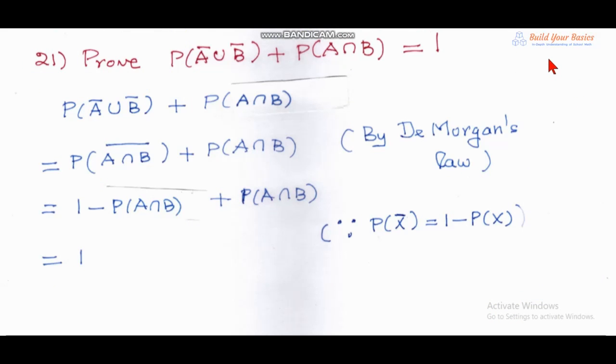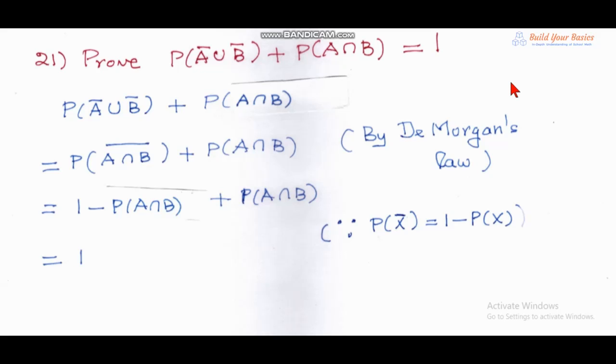Question number 21. Prove probability of A bar union B bar plus probability of A intersection B equal to 1. Left hand side. Probability of A bar union B bar plus probability of A intersection B equal to, by De Morgan's law, probability of A bar union B bar equal to probability of A intersection B whole bar.